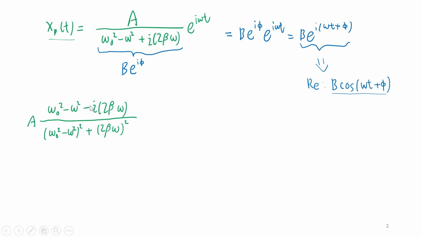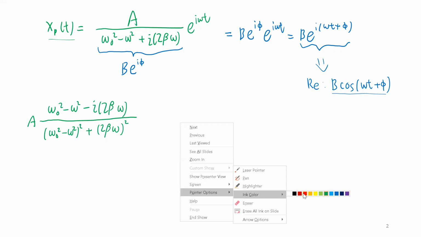From this step to this step, as I said, I'm just multiplying both the numerator and the denominator by this one. So the denominator becomes this. Now you can clearly see the real and the imaginary part in this expression.